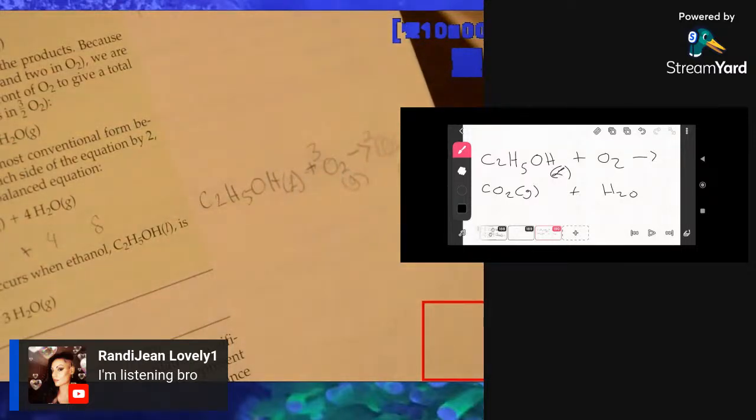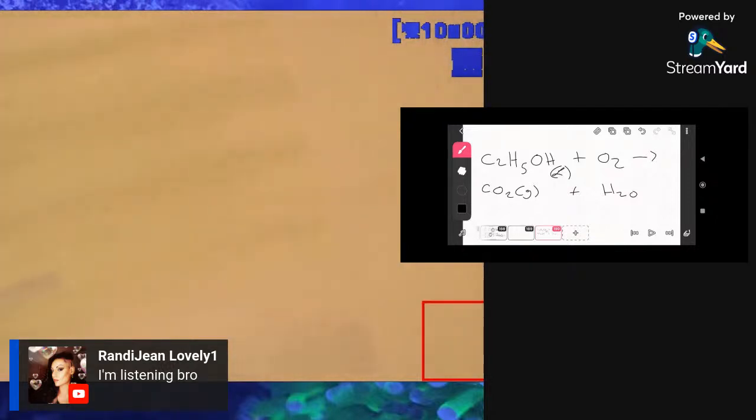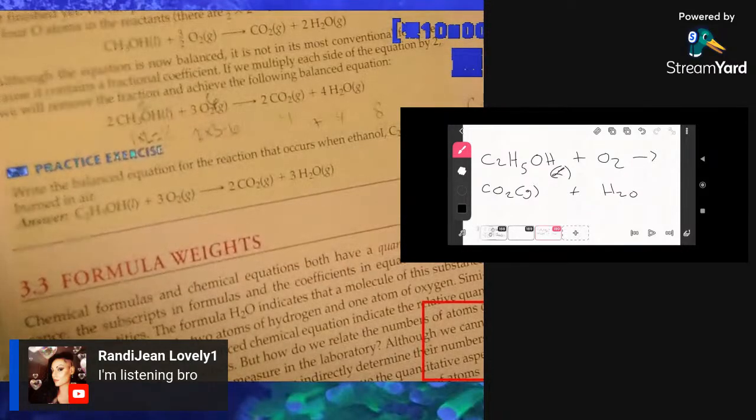The answer is right here on the left side of the book. Either way, watch. I'm not gonna be looking at the book, but that's the problem right there. I'm gonna explain to you guys how they got those answers.